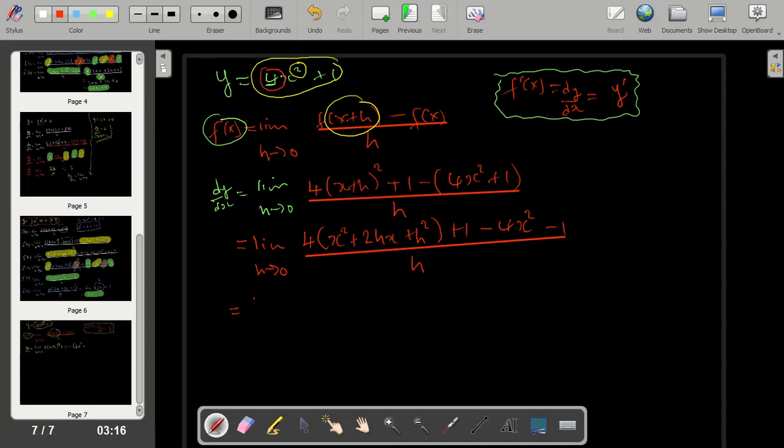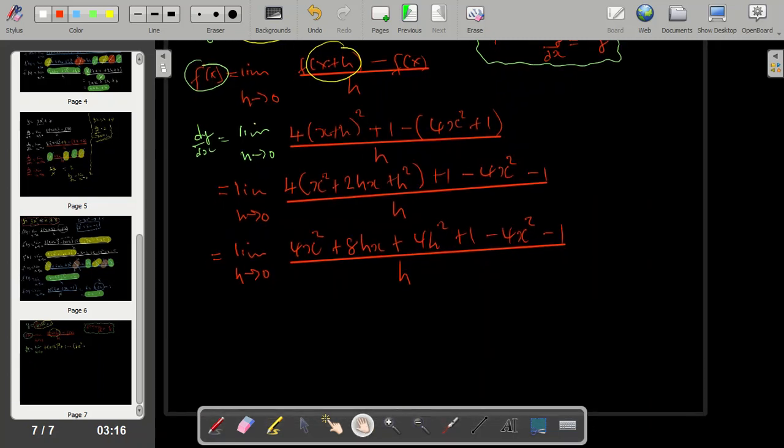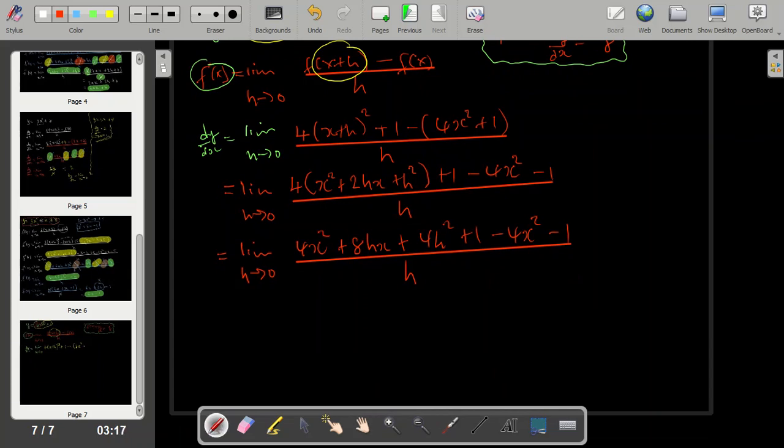So the limit as h approaches 0 is going to be 4x squared plus 8hx plus 4h squared plus 1 minus 4x squared minus 1, everything divided by h. Now we can cancel out the similar terms.